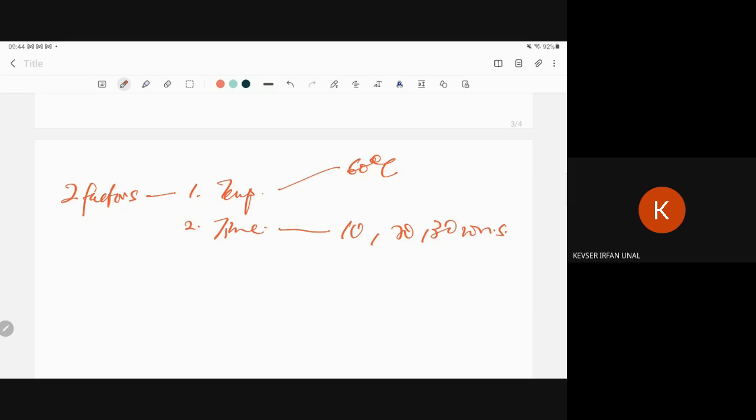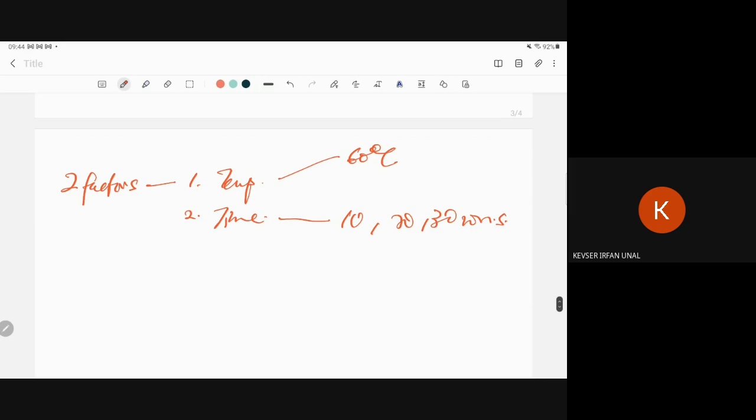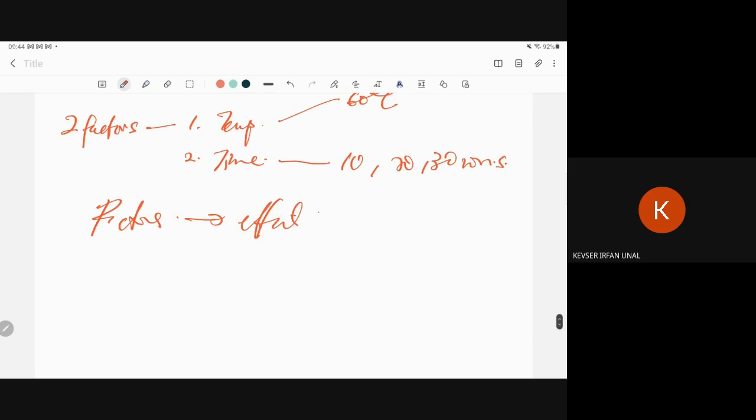So if you were to look at this, how many factors actually? What is the definition of a factor? A factor is an aspect that we want to investigate, the effect of which we want to determine. How do we investigate the effects? We have to vary it.